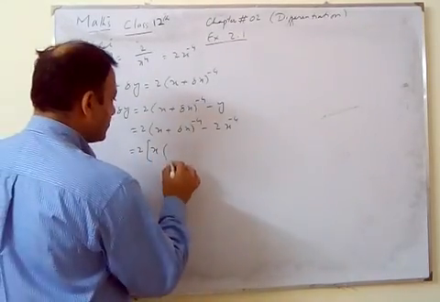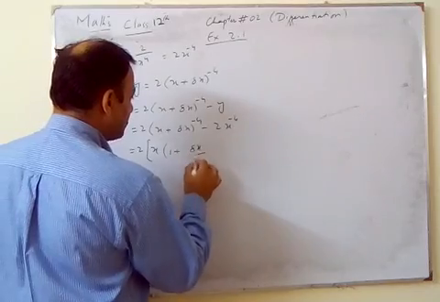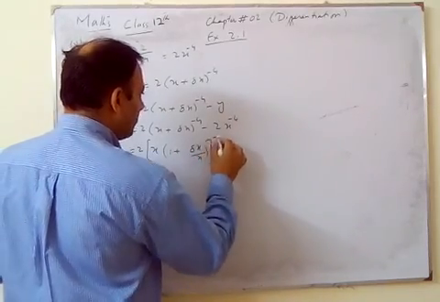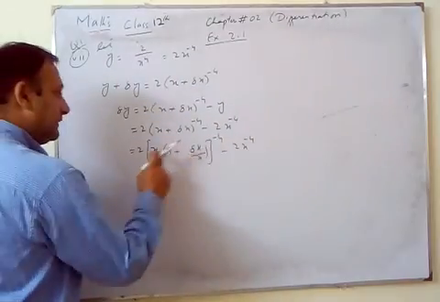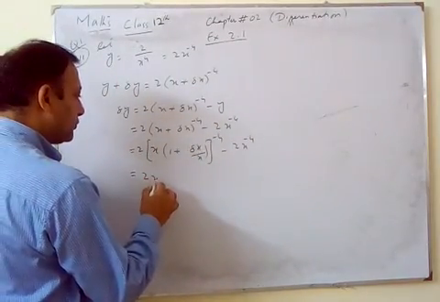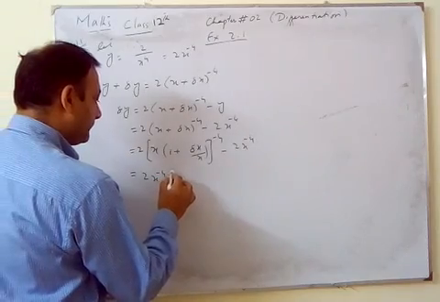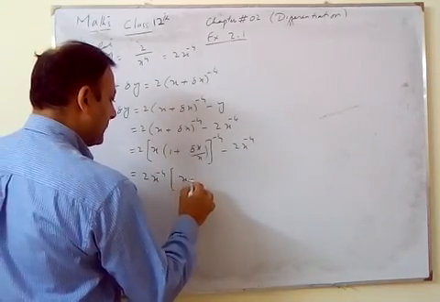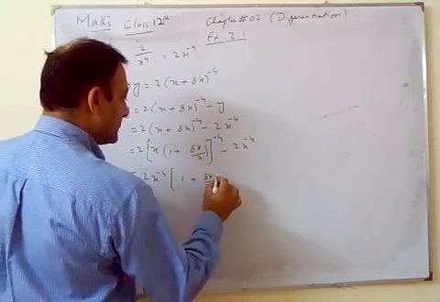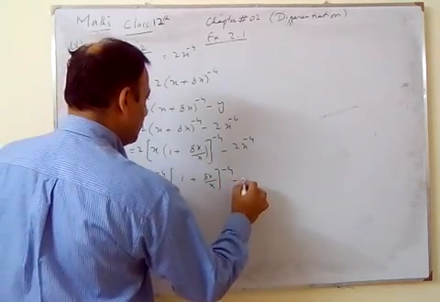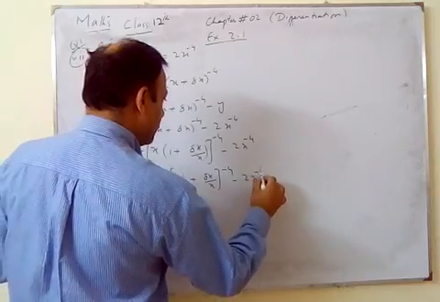This can also be written as 2 into x power minus 4 into 1 plus delta x by x whole power minus 4, minus 2 into x power minus 4.